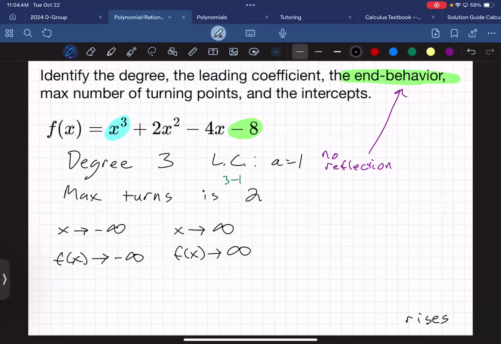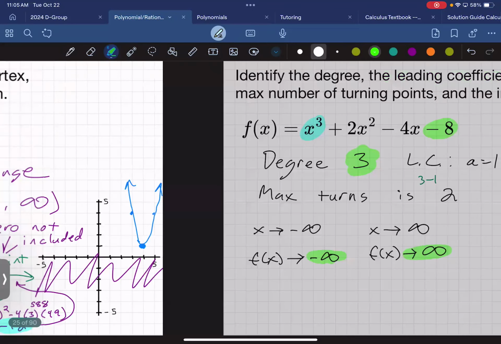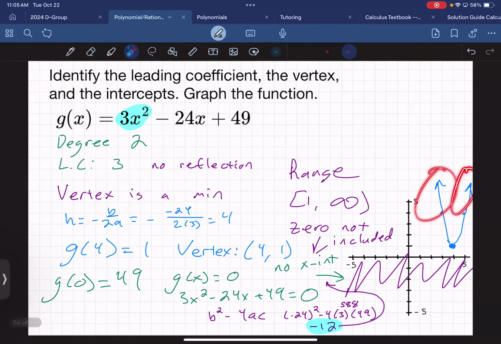So the fact that these two are different can be seen by the fact that, hey, we were dealing with an odd polynomial when it comes to the degrees. All right, not odd in the sense of symmetry, but just, hey, 3 is an odd number, right? If you had x squared, well, guess what? The two ends do exactly the same thing on both sides, right? We say both of them rise, going up to infinity, okay?